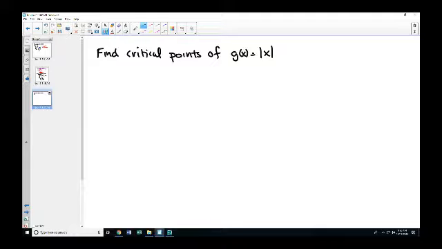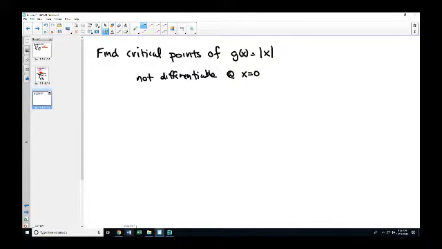All right, so critical points of absolute value of x. So the first question you ask: are there any places where that's not differentiable? Where? Yeah. Okay.